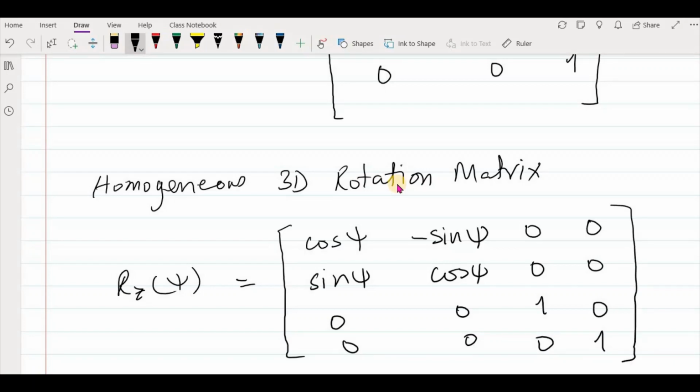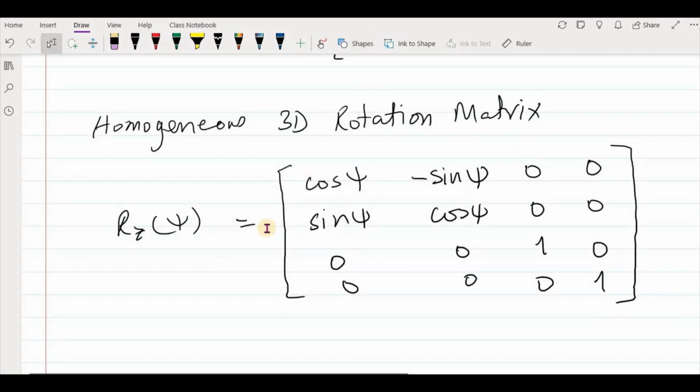So it will become a 4 by 4 matrix. So this is your homogeneous 3D rotation matrix. So you just need to add one more row and column, so it becomes a 4 by 4 matrix.